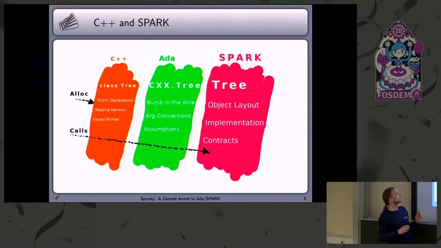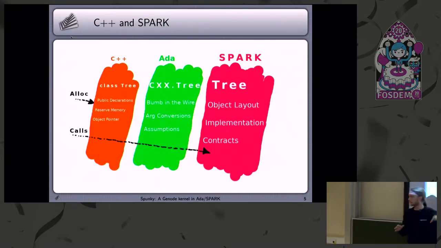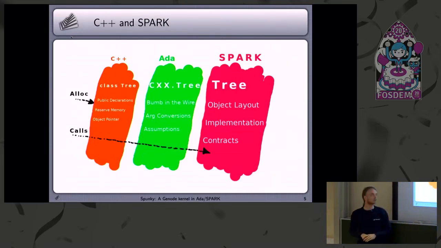So what this makes is you can have in your C++ world this class that is interchangeable. So you can have a C++ implementation or a Spark implementation. It doesn't matter for the C++ code. It doesn't even see this. And on the other side, it's the same. With the Spark package, I can do all my cool stuff with contracts and stuff without getting annoyed by the fact that it's actually allocated and called by the C++ side.